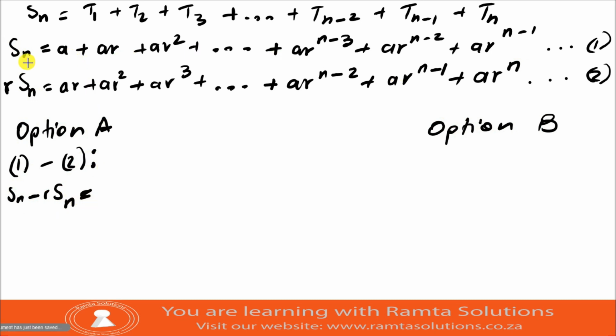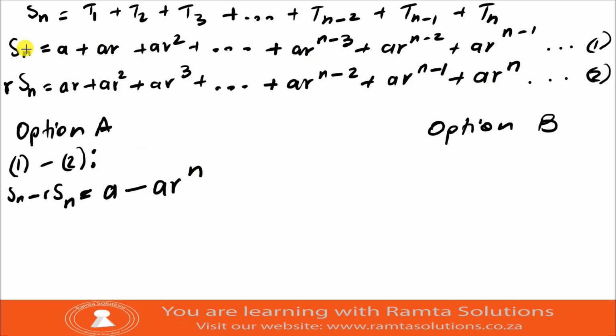This part minus this part, so this minus this will be 0, and so on. When I look at it, I will be left with A minus AR to the n.